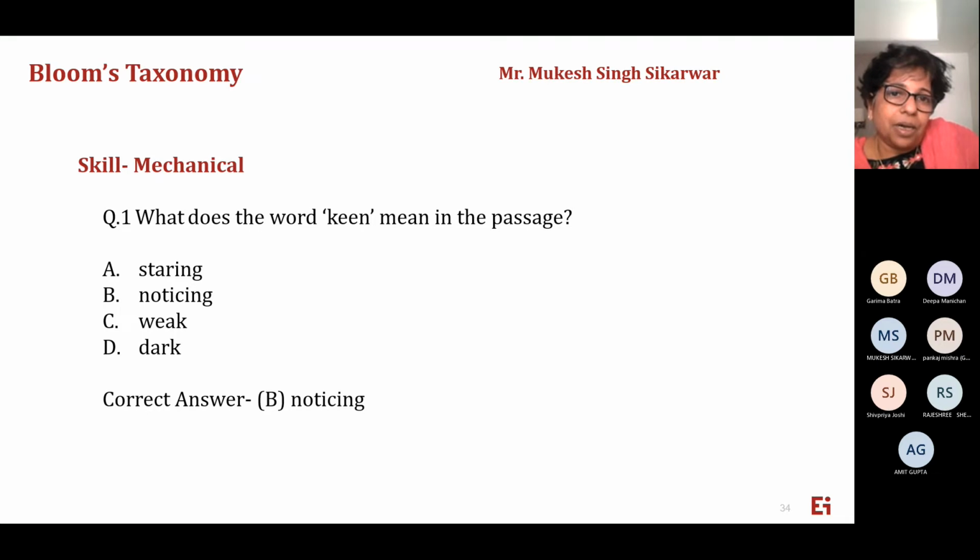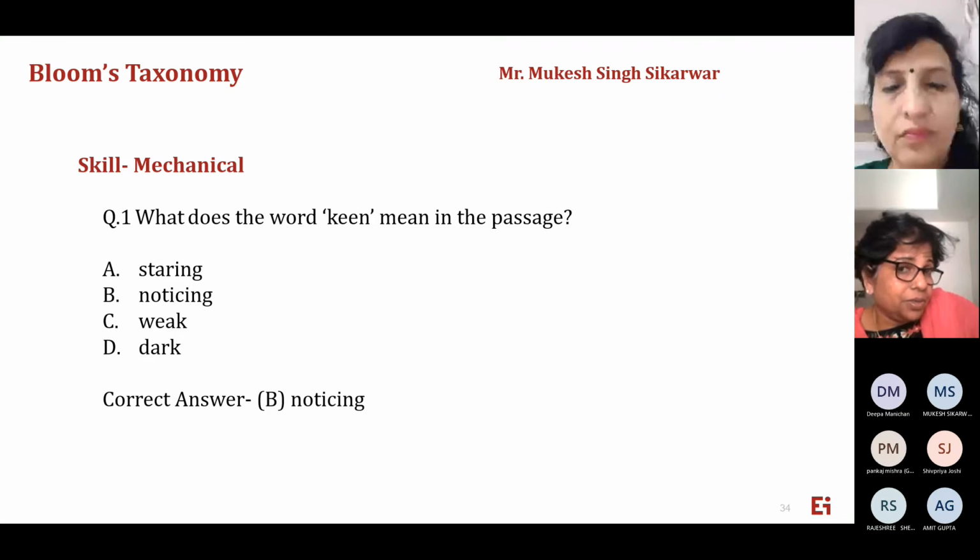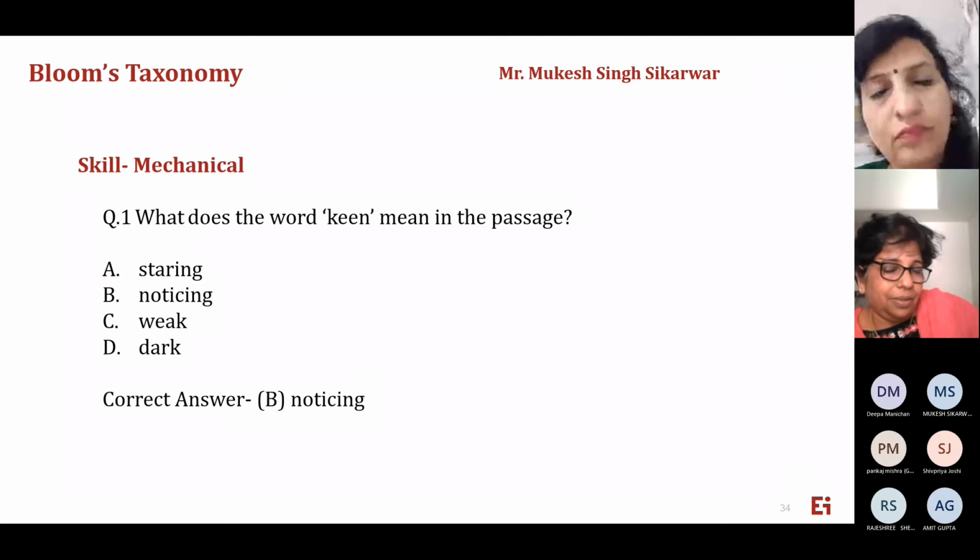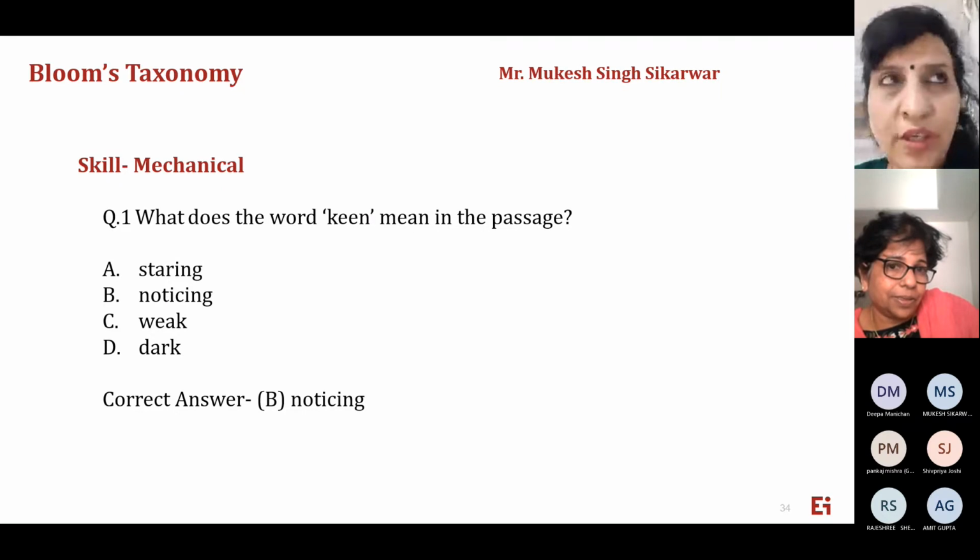Suppose keen is the correct answer, and I use other meanings of keen, like sharp, eager, as my wrong options, then it requires the child to read the context of the passage, that paragraph, and then choose the option. Currently, because the other wrong options are not related to the other meanings of keen, it is kind of mechanical, is what Mukesh sir is arguing. Is that correct, sir? Mukesh sir?